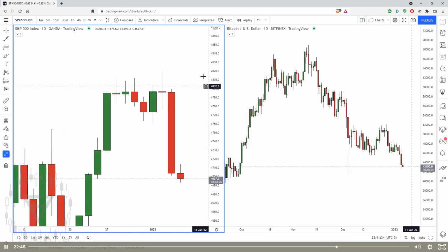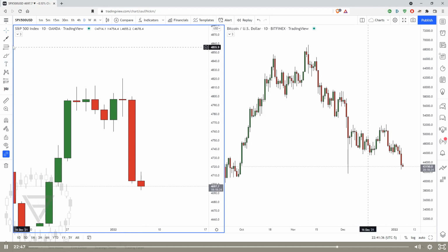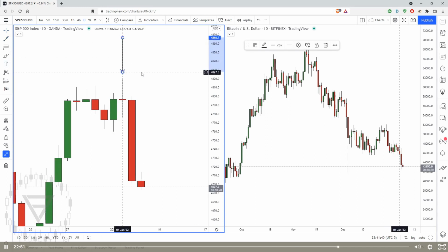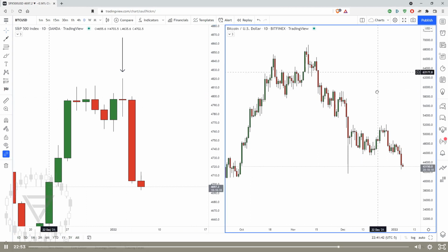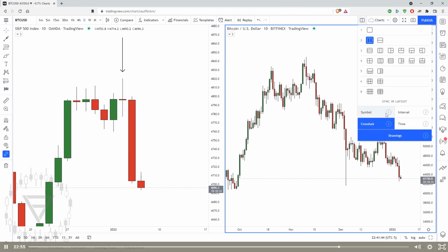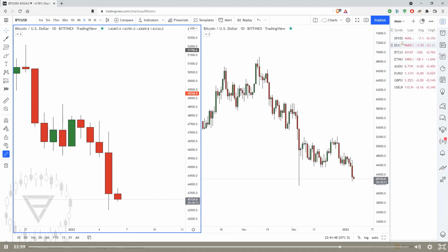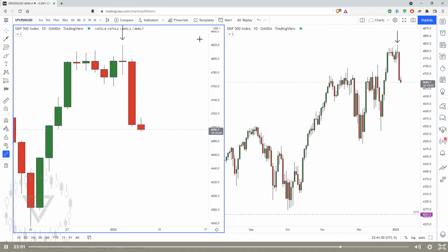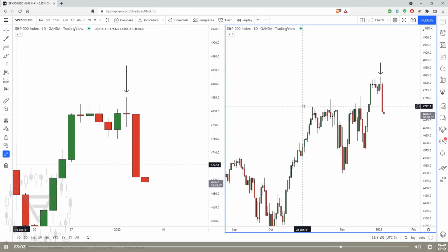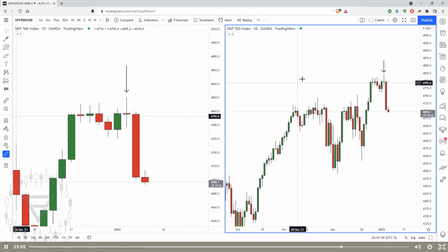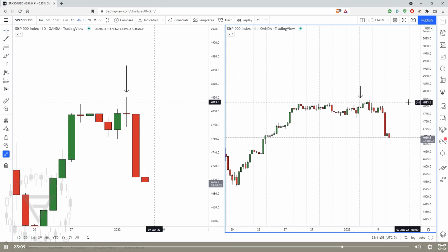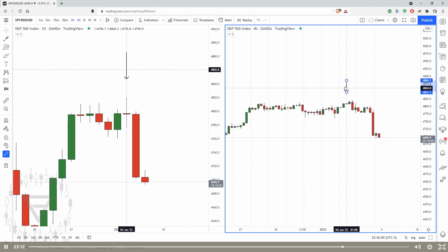Let's split the screen here, so that we can look at what happened inside of this. So let's synchronize the symbols. We're going to go into the S&P. Okay, so in this case, let's go into a 4-hour chart.